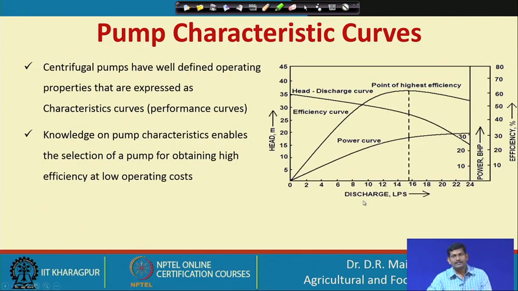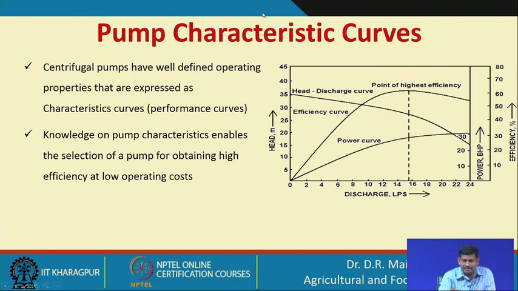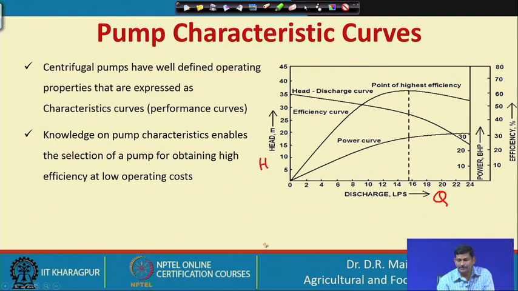Then pump characteristic curves. These curves are a simple graphical representation of the behavior of a particular pump. Generally it is represented with discharge Q on the x axis and head H on the y axis, and then the other parameters, the power BHP on the y axis and efficiency.